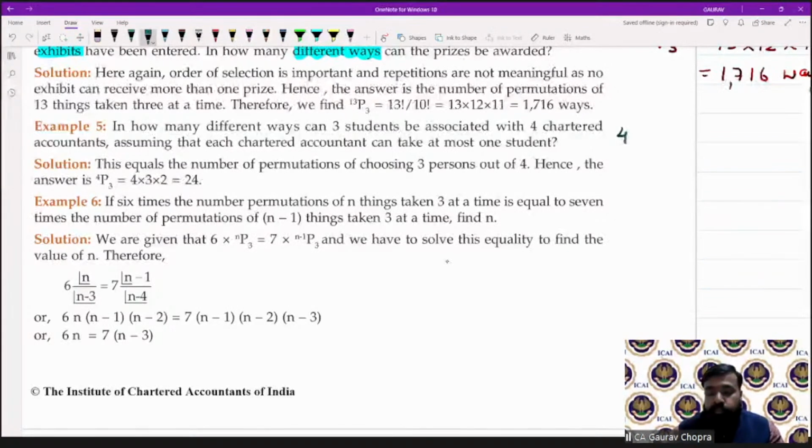Very simple, 4P3. That is 4 multiplied by 3 multiplied by 2. The result will be 24. Because the first student will have four options, then the second student will have only three options, and the third student will have only two options. So this many ways are available.